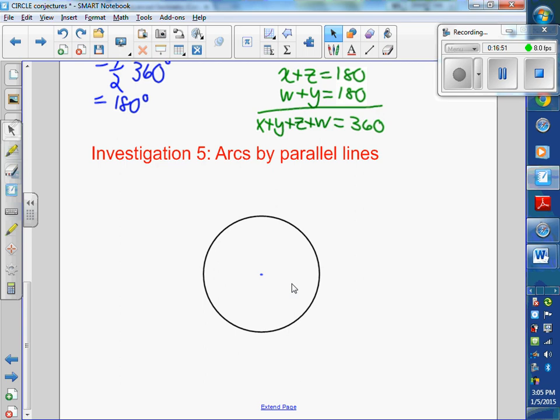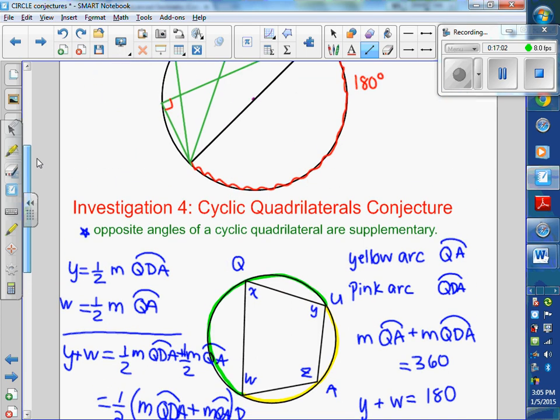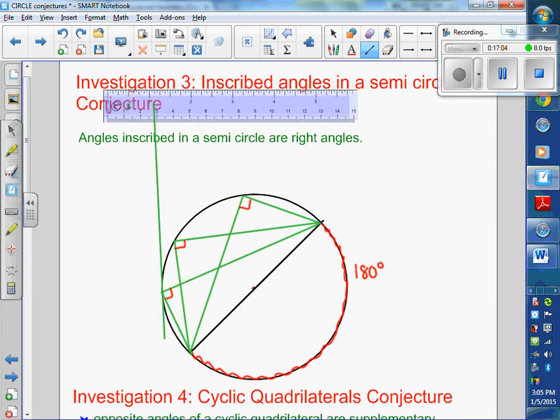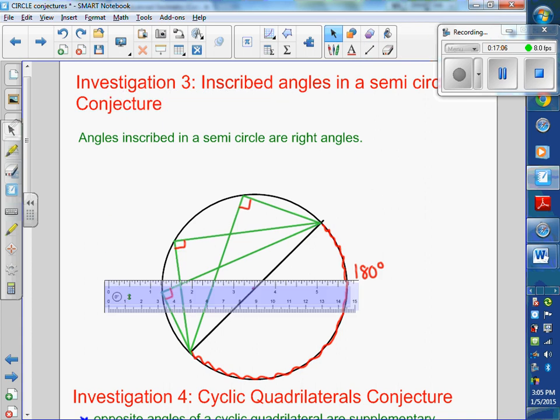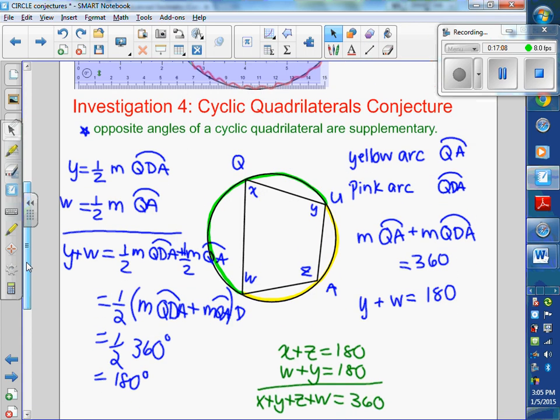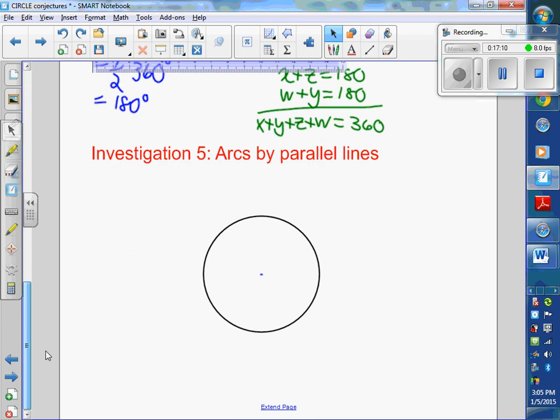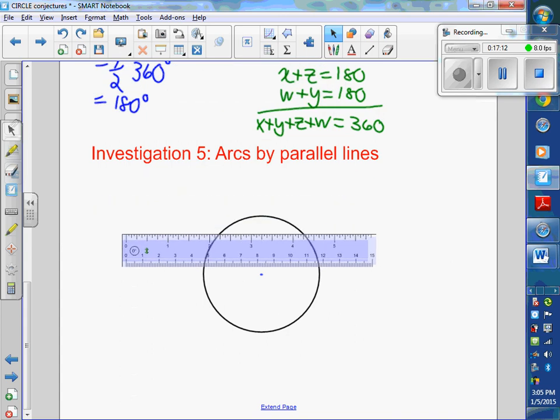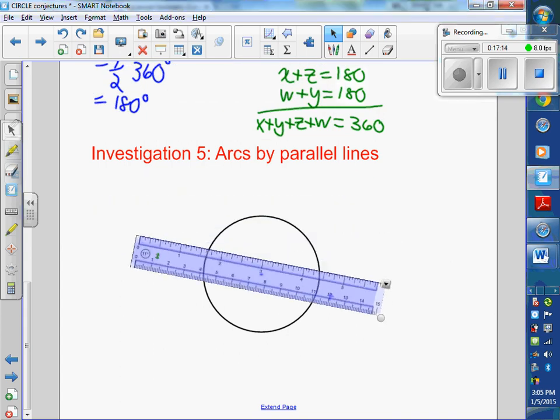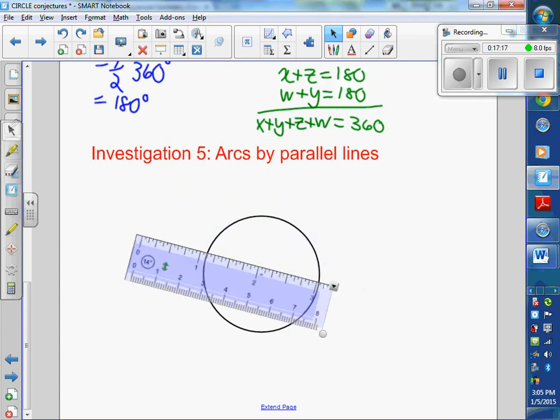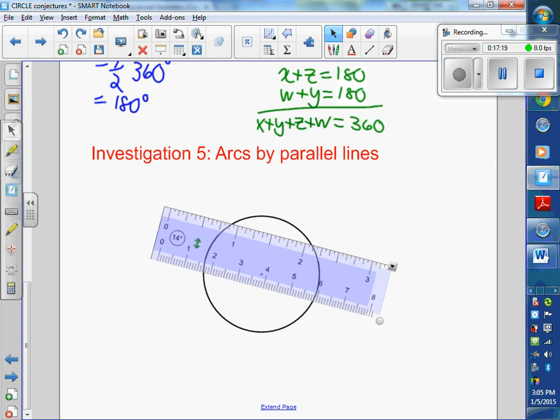So for example, probably the easiest way to visualize this is to take a straight edge and just chop off a part of the circle and get a pair of parallel lines.